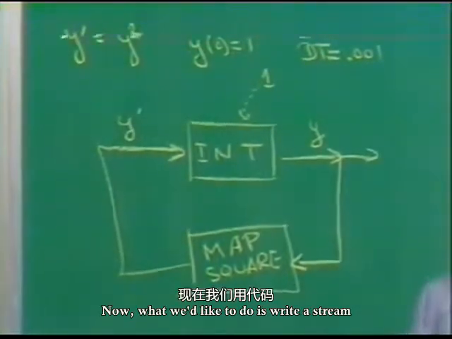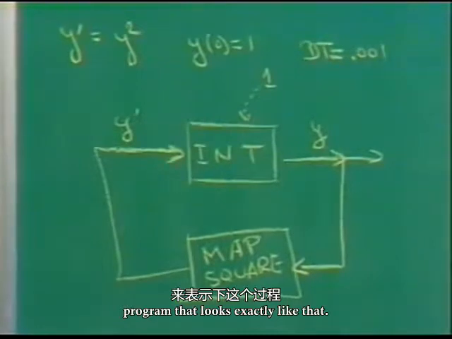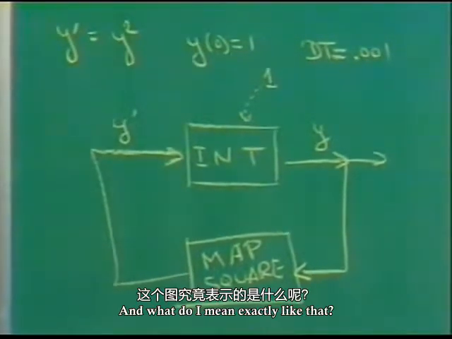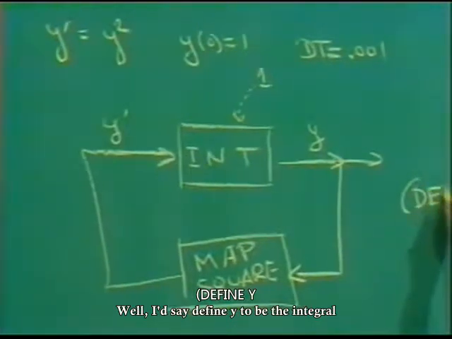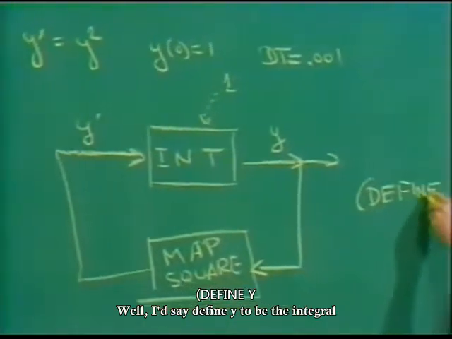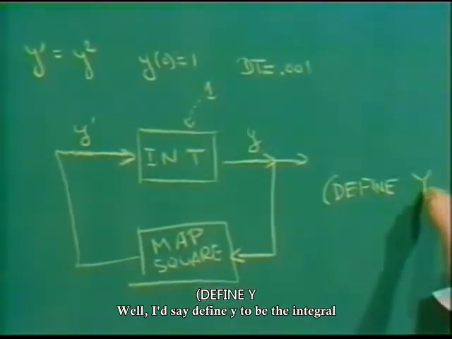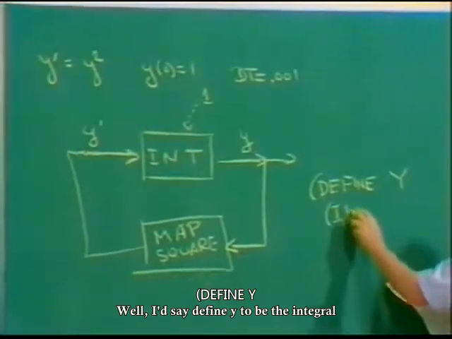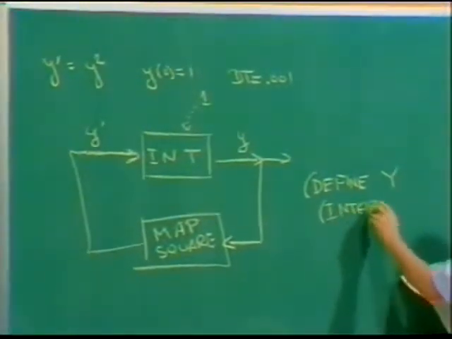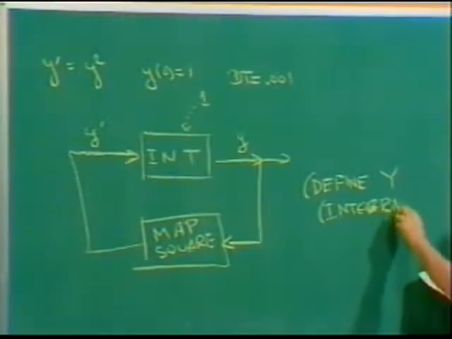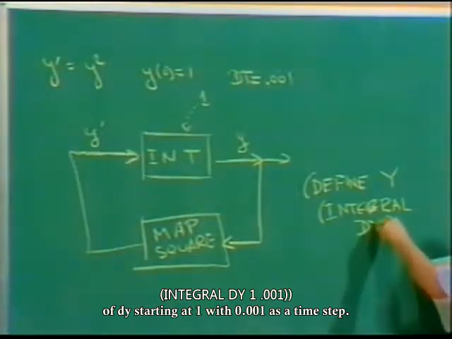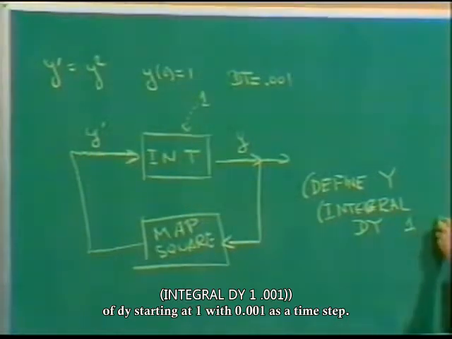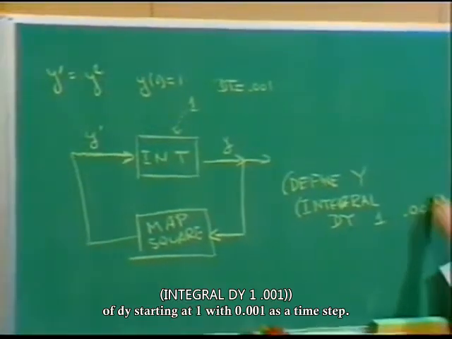Now, what we'd like to do is write a stream program that looks exactly like that. And what do I mean exactly like that? Well, I'd say define y to be the integral of dy, starting at 1 with 0.001 as a time step.